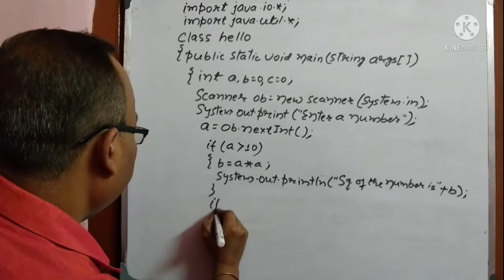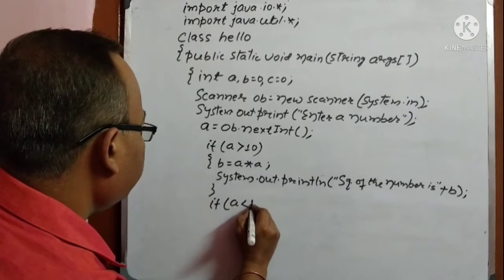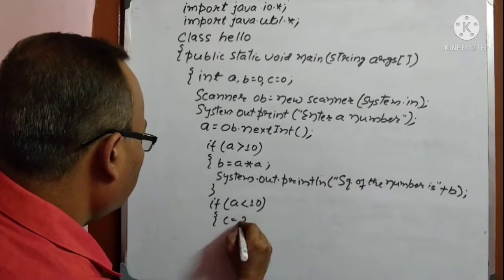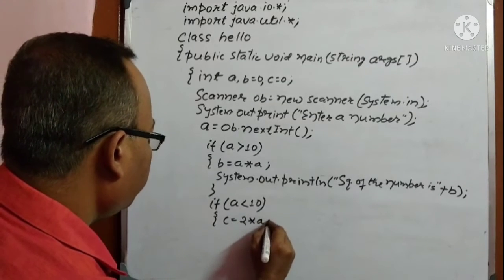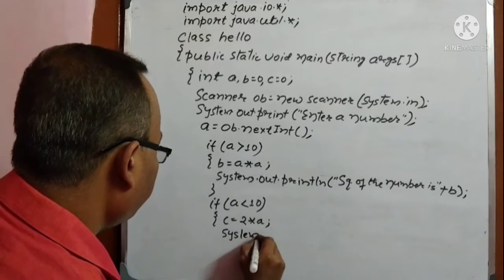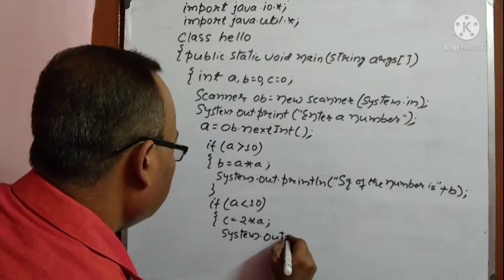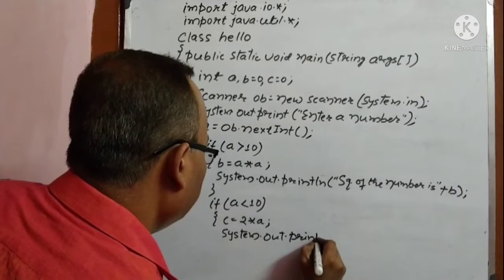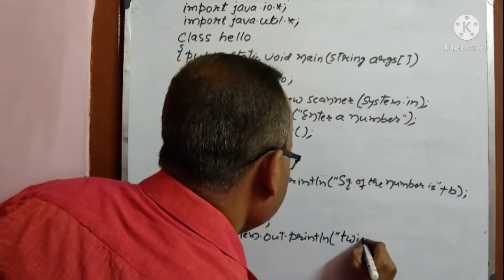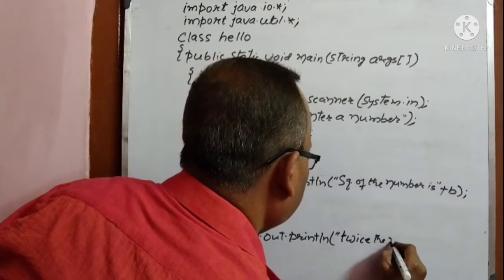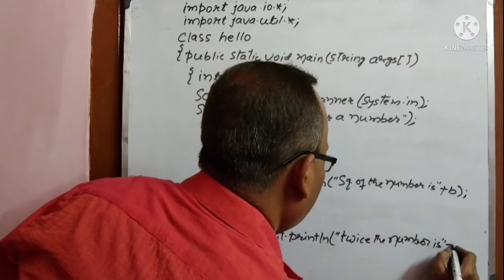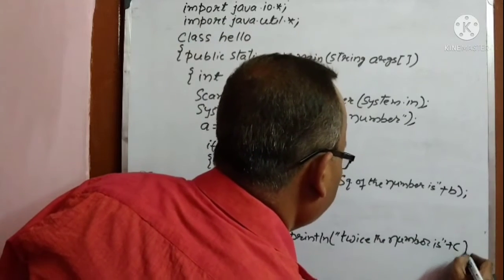Then again, if a is less than 10, then suppose I am multiplying it with 2. So print it System.out.println twice the number is in c.